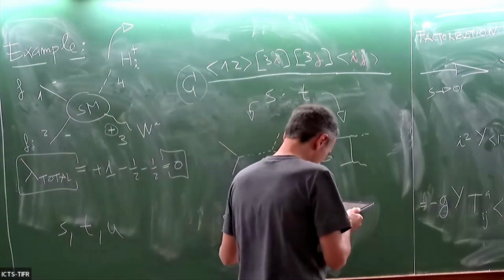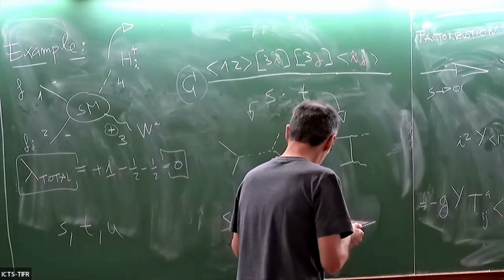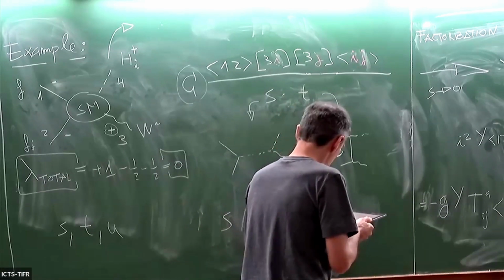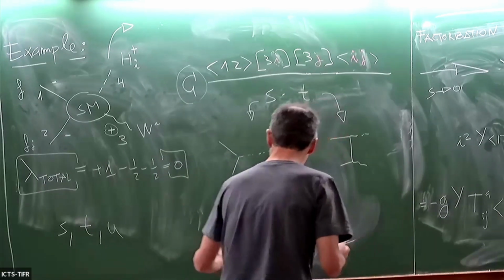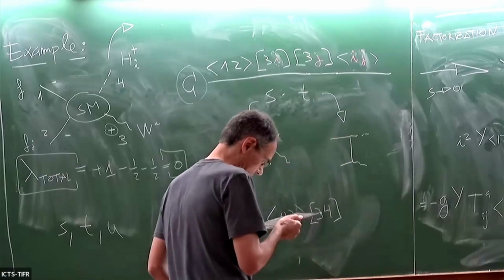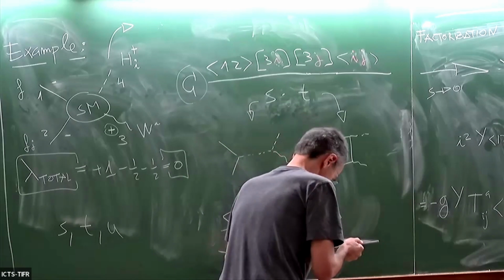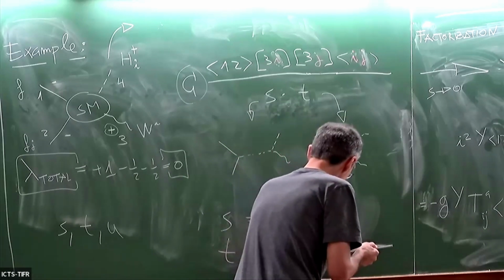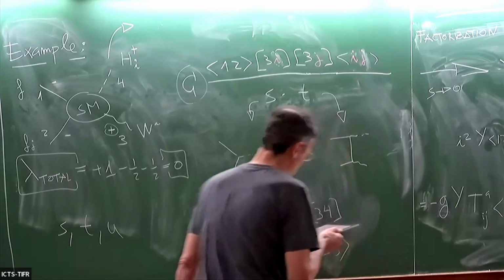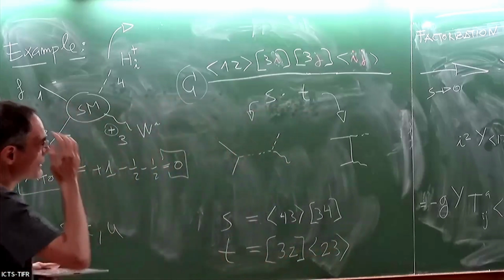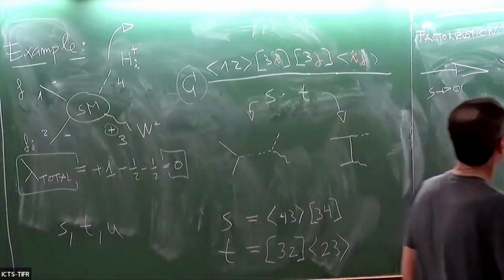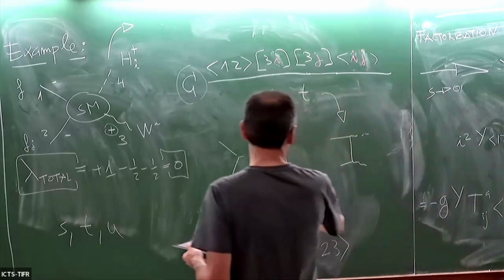So I can write it like ⟨3 4⟩[3 4] in spinors, and T, I can write it like ⟨3 2⟩[2 3].